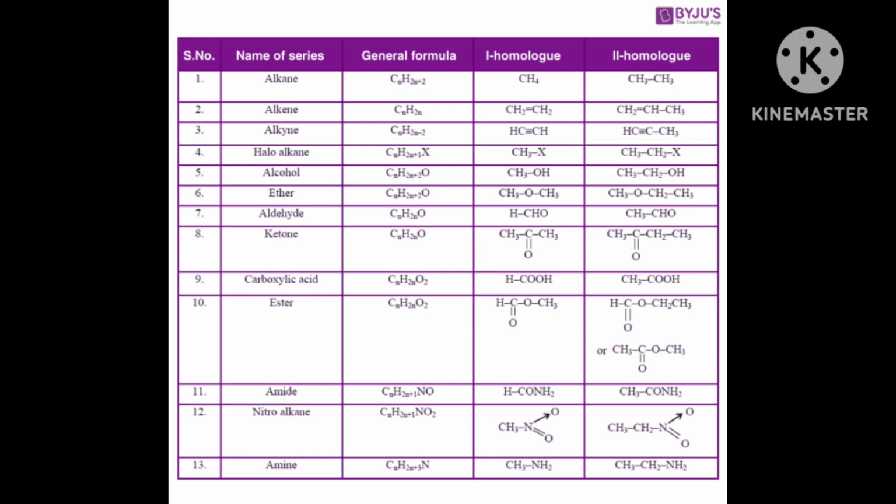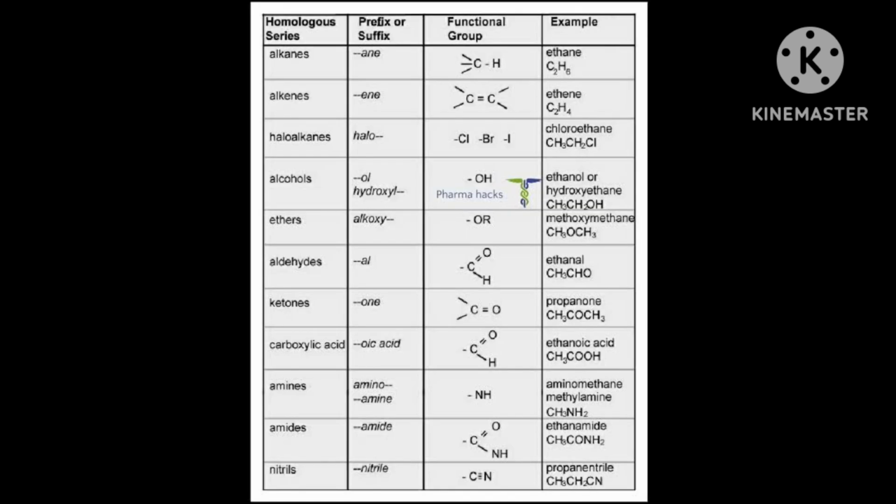All will differ by one CH2 unit, either less or more. They will not all have the same number of CH2. One may be more than the first, another more than the second, more than the third. CH2 will increase every time.